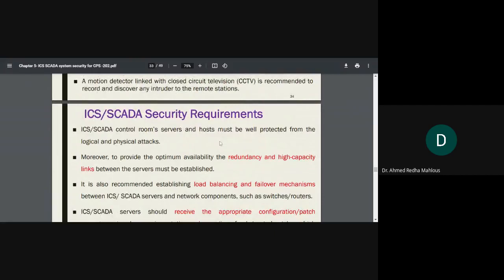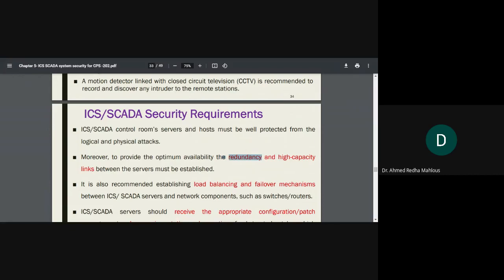Inside the ICS system control, you do have the servers. You have host devices, and you have servers in that MTU. Those devices should also be well protected from any logical or physical attack. As we mentioned, we should have redundancy within those servers.